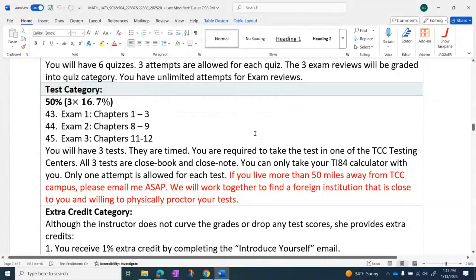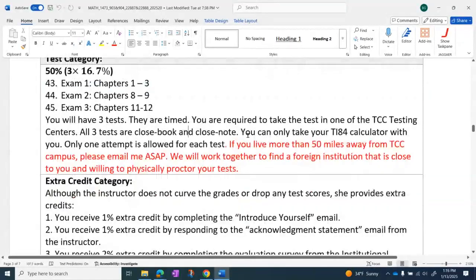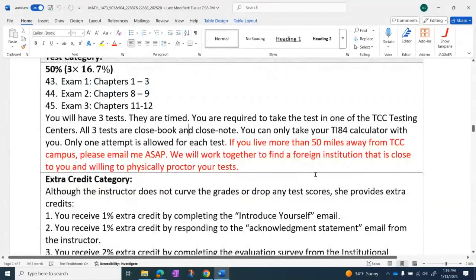Since this is an online live class, maybe some of you live very far away. What is considered as far away? If you live more than 50 miles away from the campus, driving to the testing center is a burden, then we can work together to find a foreign institution that is close to you, and we can schedule your exam there.